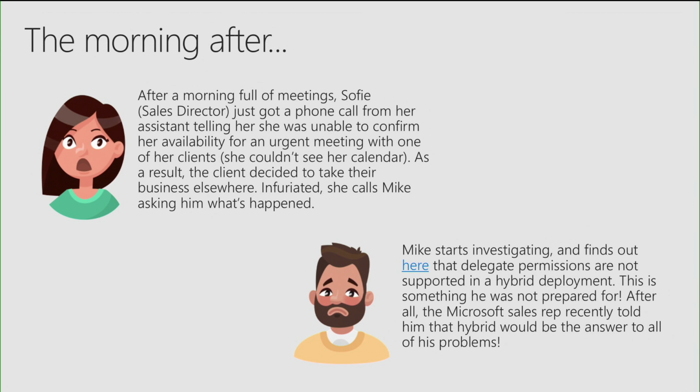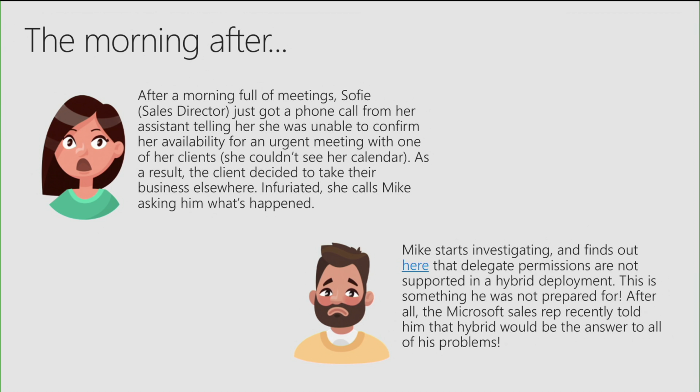However, Sophie notices fairly quickly that her assistant all of a sudden can't actually get to her calendar. There's a delegate relationship established here. So she reaches out to Mike and asks him what happened. Any of you who have been around Exchange for a while and have dealt with cross-premises permissions and delegate scenarios and these types of issues probably have a fairly good idea of what went wrong here.